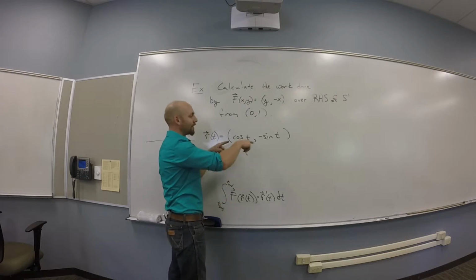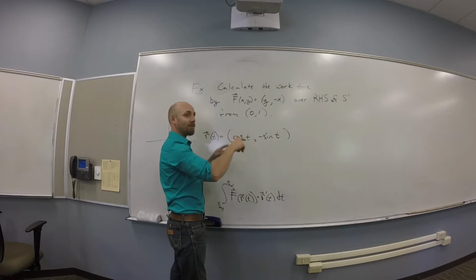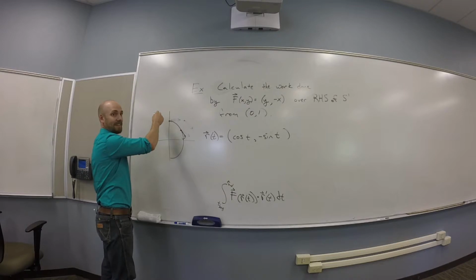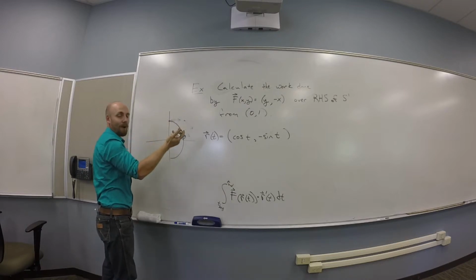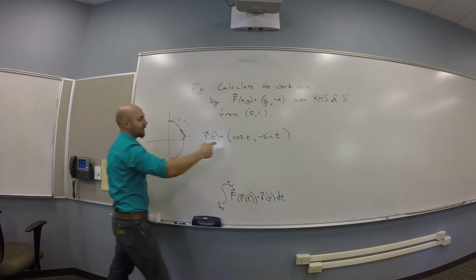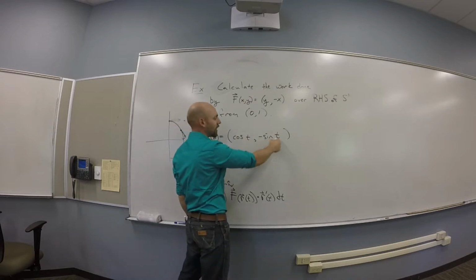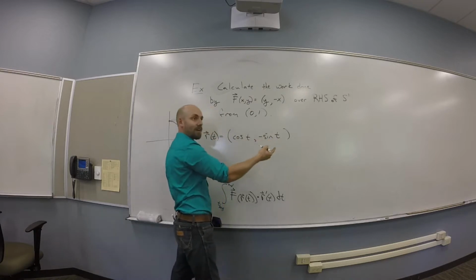I would do it this way because the way I think about this is, time normally runs this way. I want time to run backwards, so I'm going to slap a minus t in here. Cosine's even, so cosine of minus t and cosine of t are the same thing. And sine's odd, so sine of minus t is the same thing as minus sine of t.